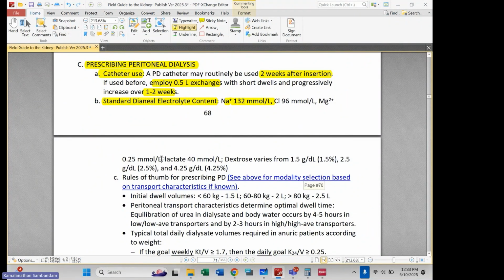Okay, you can see that the base in peritoneal dialysate is lactate, 40 millimoles per liter of lactate. That's the same units of lactate that you measure in the blood. And so think about that as you're dialyzing somebody in the ICU who may have severe metabolic acidosis and a lactate that's already elevated.